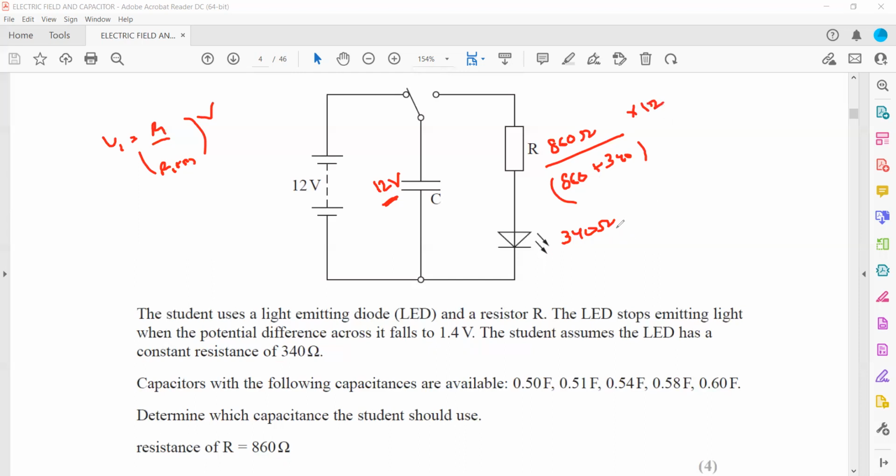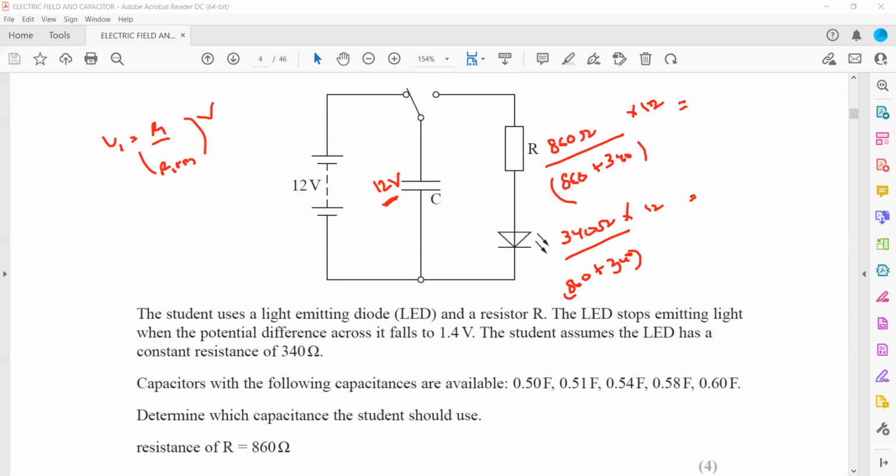And what about this one? 340 divided by 860 plus 340, the total resistance of the circuit, multiplied by the combined voltage 12. So the maximum value, when we solve 340 times 12 divided by 1200, because 860 plus 340, sorry, 1200, not 1100.